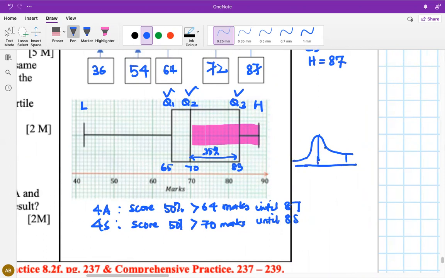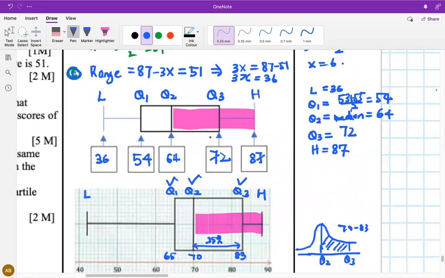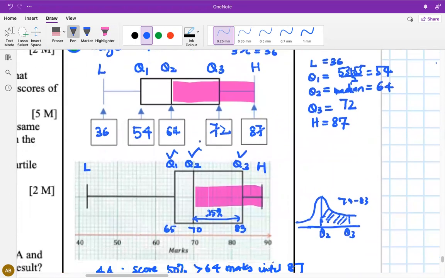So here is a lot. All right, so this is the median, and then the third quartile here. So you can see a lot score between 70 and 83. But here this one is only a few, a bit only, 64 to 72.